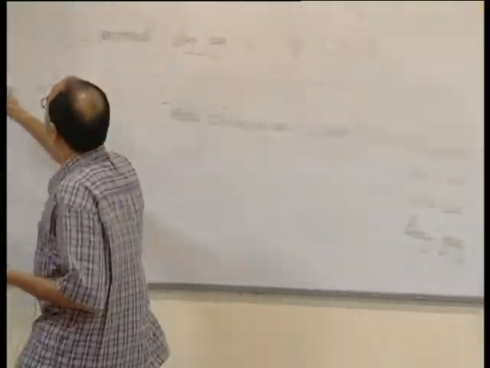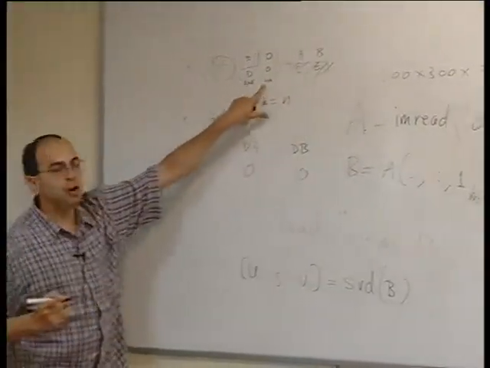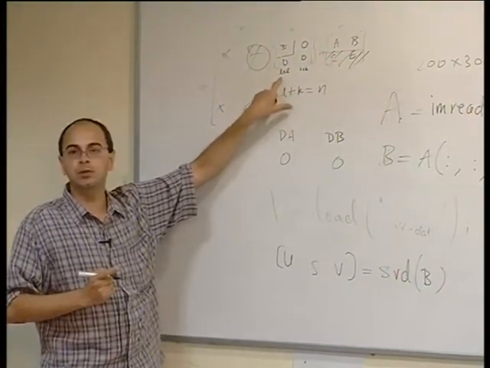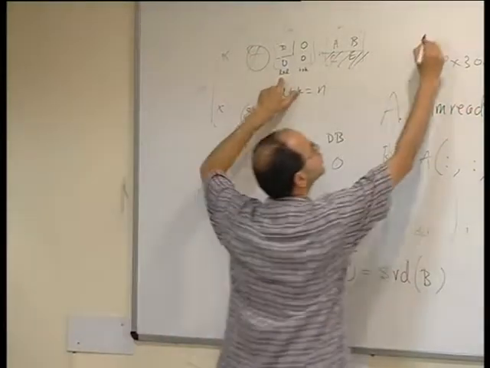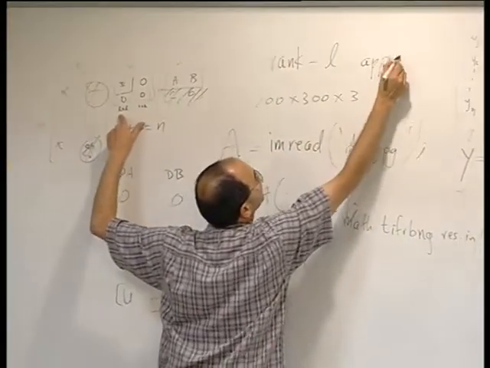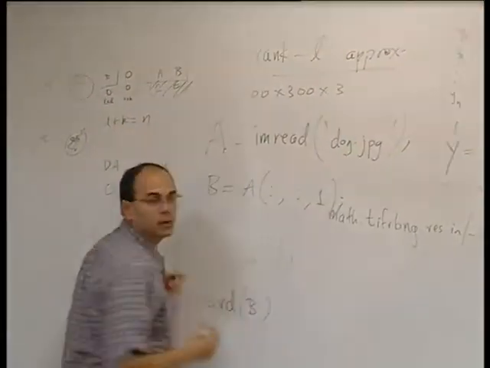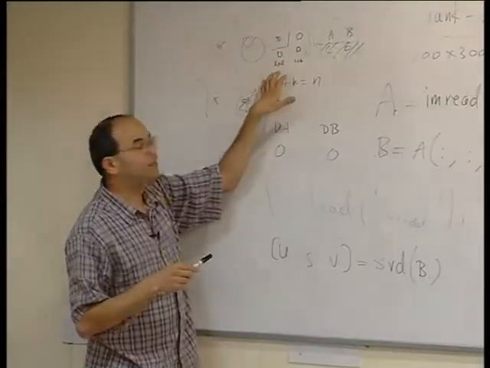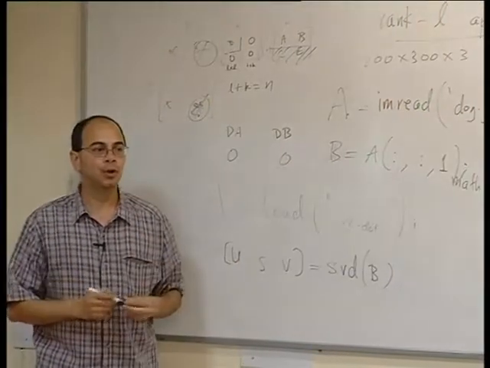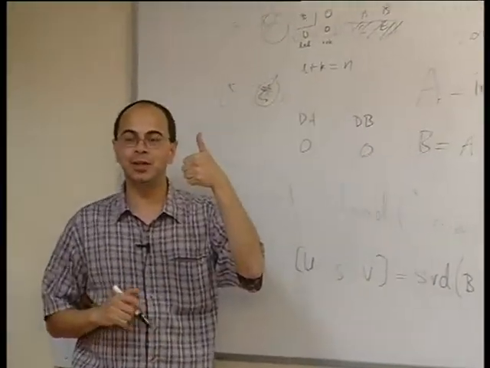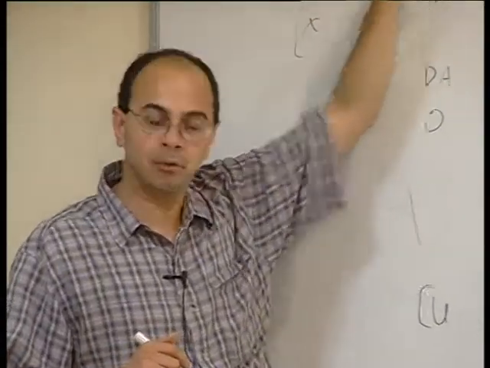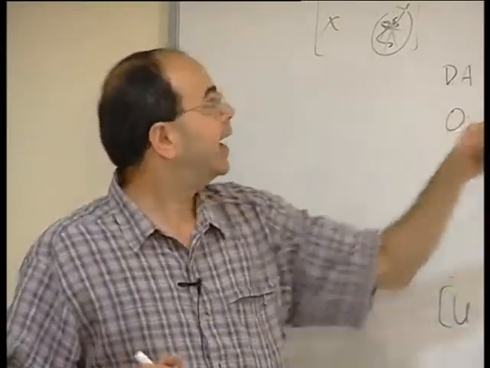And then the idea will be, so rank: if you set k of these to 0 and keep L of these as non-zero, this is called the rank L approximation. So you have kept only the L values as non-zero, and I would like you to do a rank 1 approximation, that is, keep only the highest one as non-zero, set everything else to 0, and see what you get.